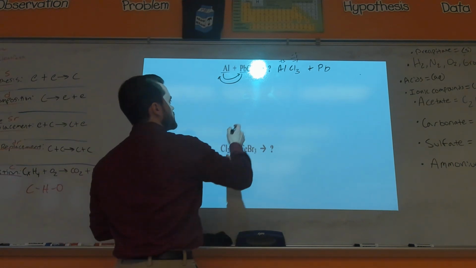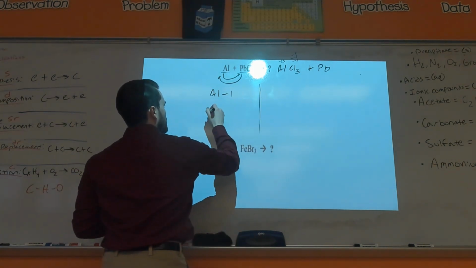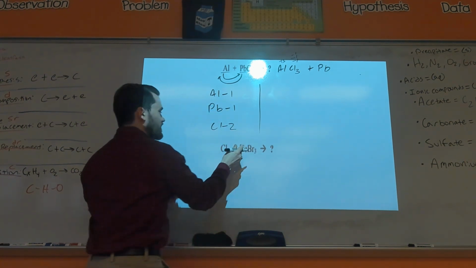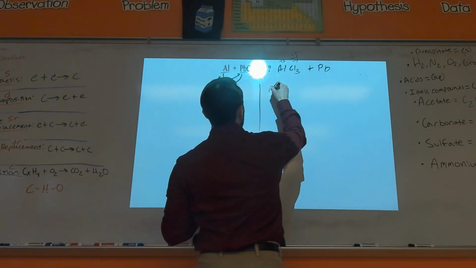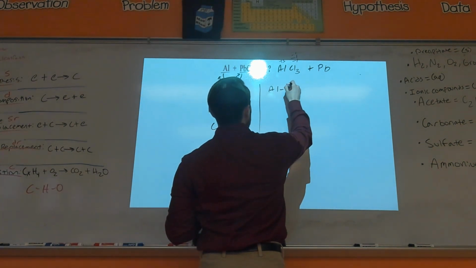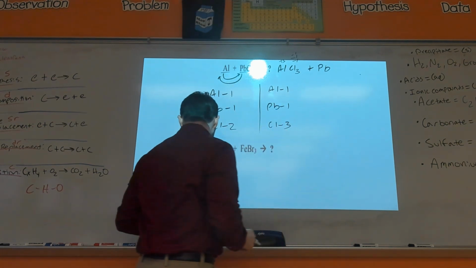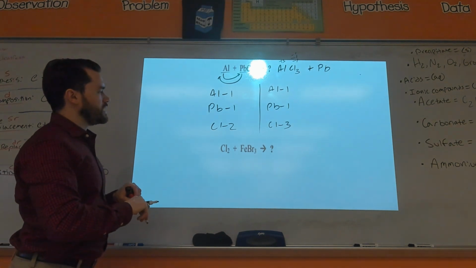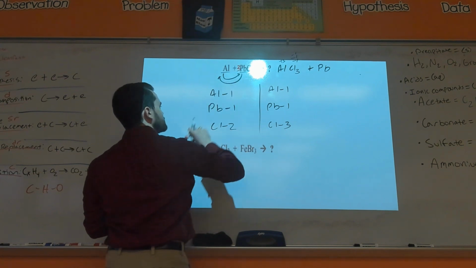Looking at our second one, then you got to balance. Make sure we do that. So we got 1 aluminum, 1 lead, 2 chlorines. I was like, why do I have so much space between these? And that's why. Products, we got 1 aluminum, 1 lead, and 3 chlorines. So I got to fix my chlorines. Let's say I triple it. Let's try that.